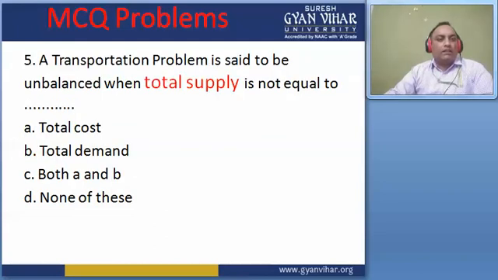For this 5th question, a transportation problem is said to be unbalanced when total supply is not equal to the total demand, both A and B, or none of these. This is a very good question. The transportation problem is unbalanced when the total supply is not equal to the total demand, right?